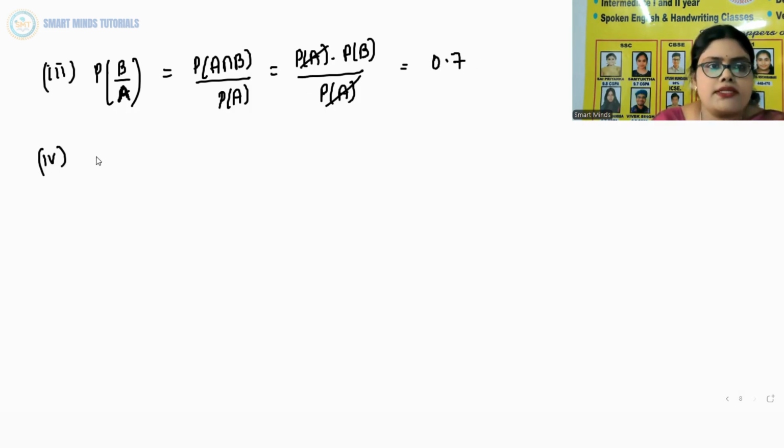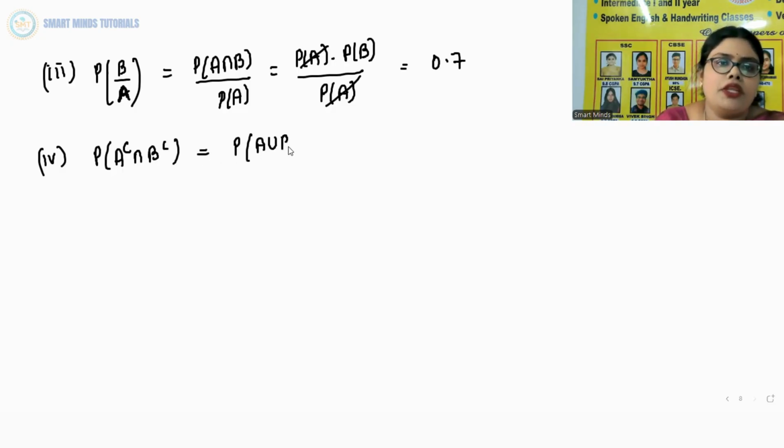And the fourth bit is P of A complement intersection B complement. So this can be written as P of A union B whole complement.